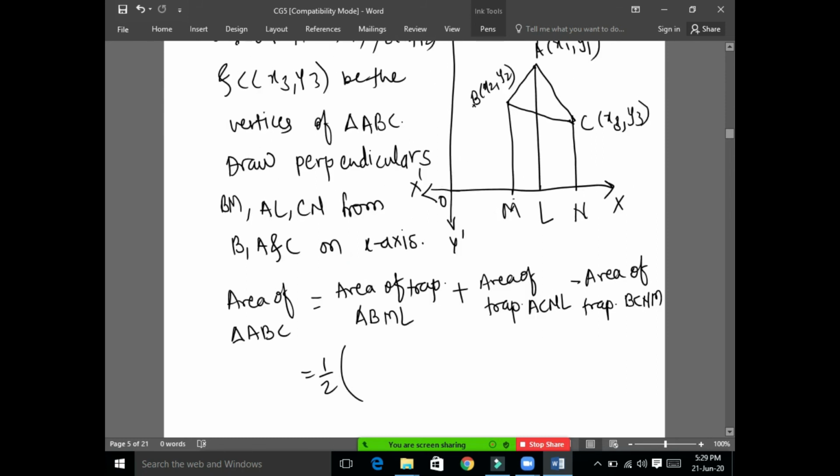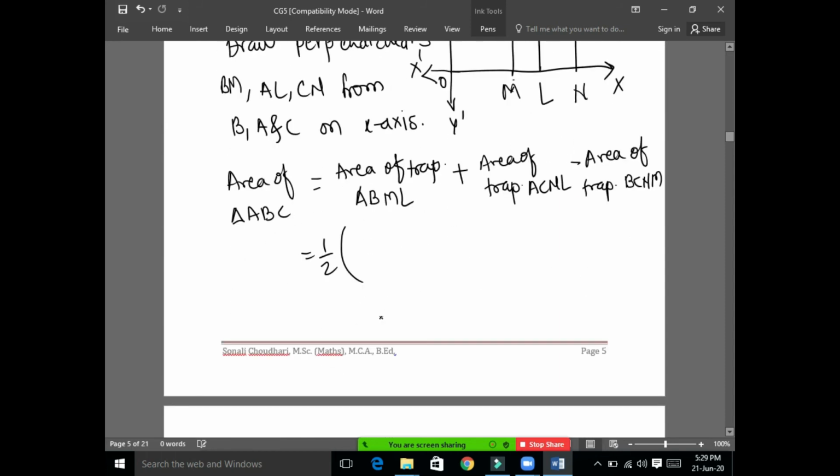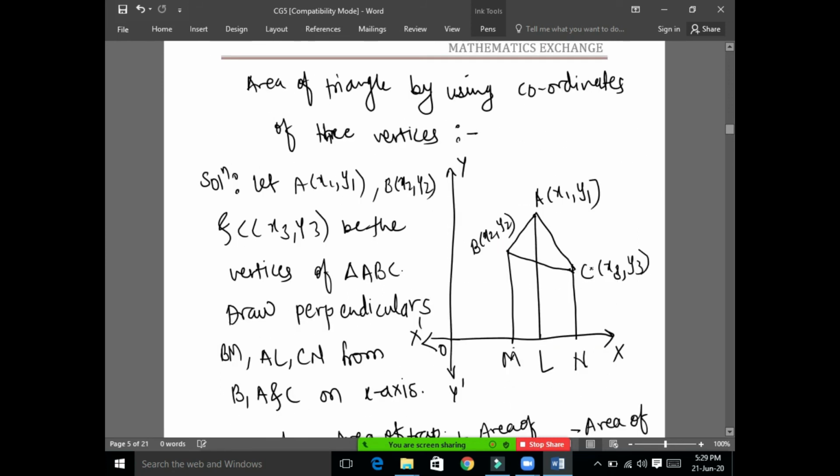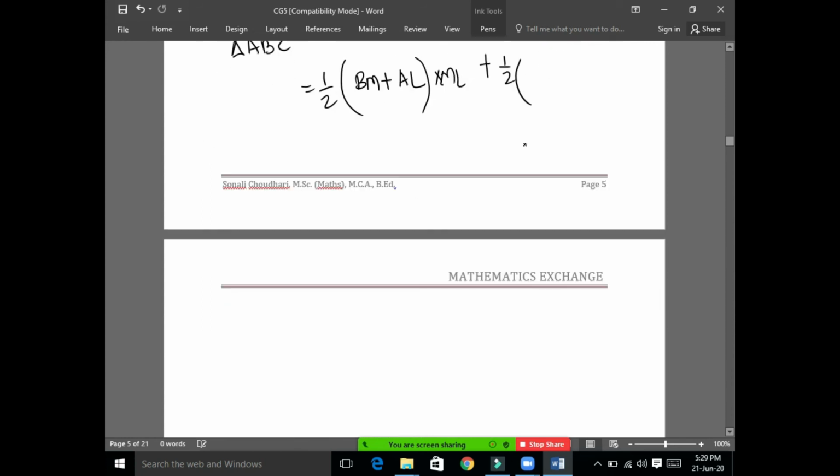For ABML the parallel sides are BM and AL, so half into BM plus AL into the perpendicular distance between them, which is ML. So plus half into, for ACNL the parallel sides are AL and CN.